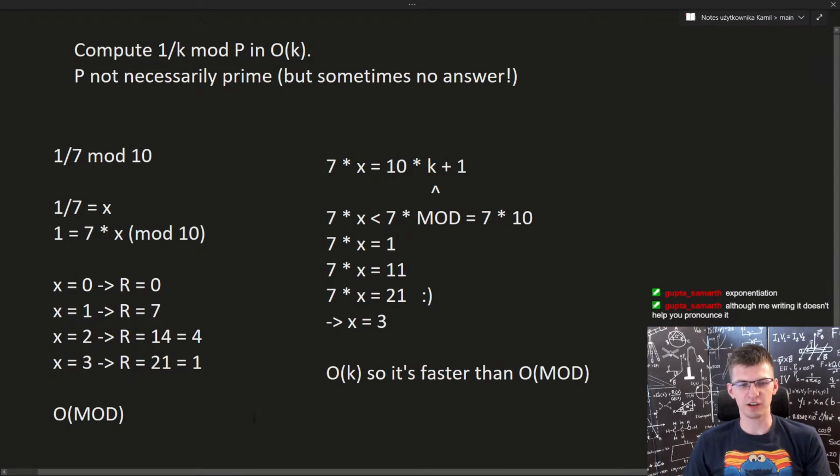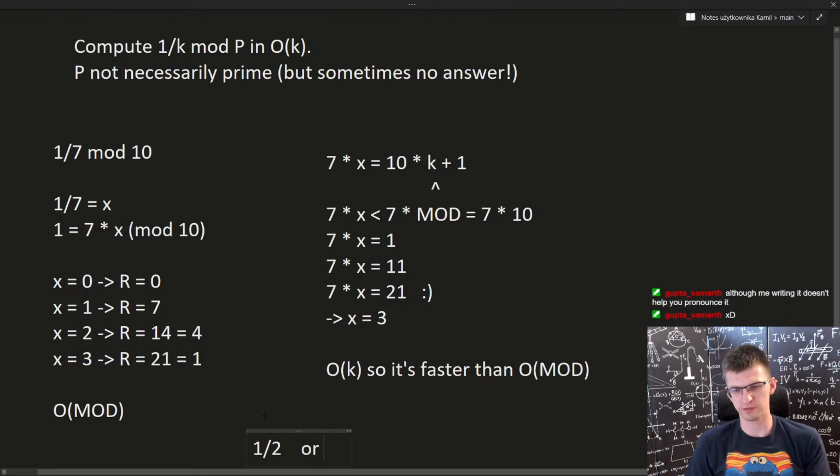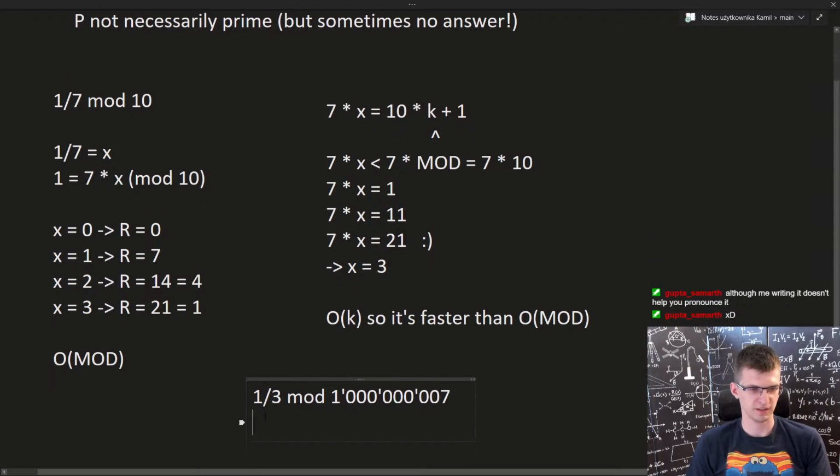But in particular, on pen and paper, this is the easiest you can do to compute a half or 1/3. If you need something like this, let's compute together 1/3 modulo 1,000,000,007. Let's say you don't have access to a computer even.